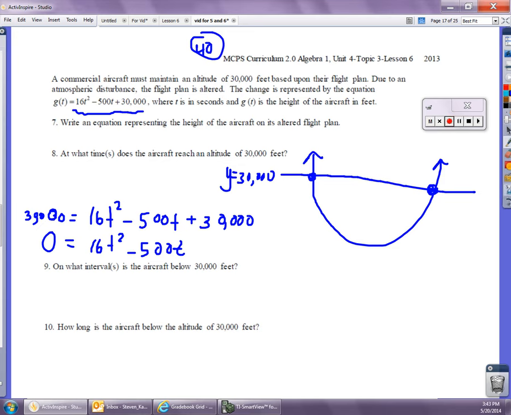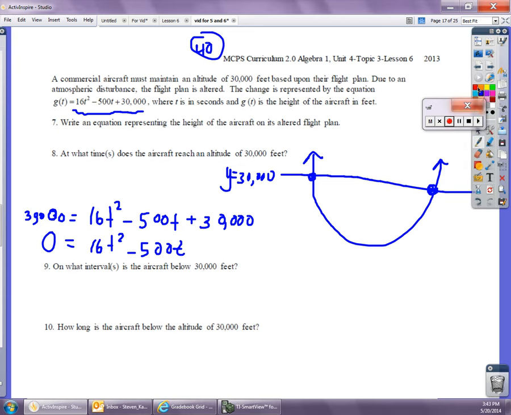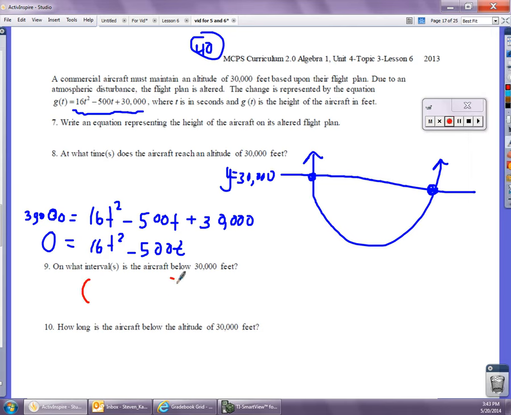This is actually a pretty easy one to factor because I can see that it's a binomial that has a greatest common factor. The greatest common factor is 4t. When I factor out a 4t, you end up with 4t minus 125, because I divided each of these parts of the equation by 4t. Now I have it in factored form. I can use the zero product property because both of these factors equal 0.